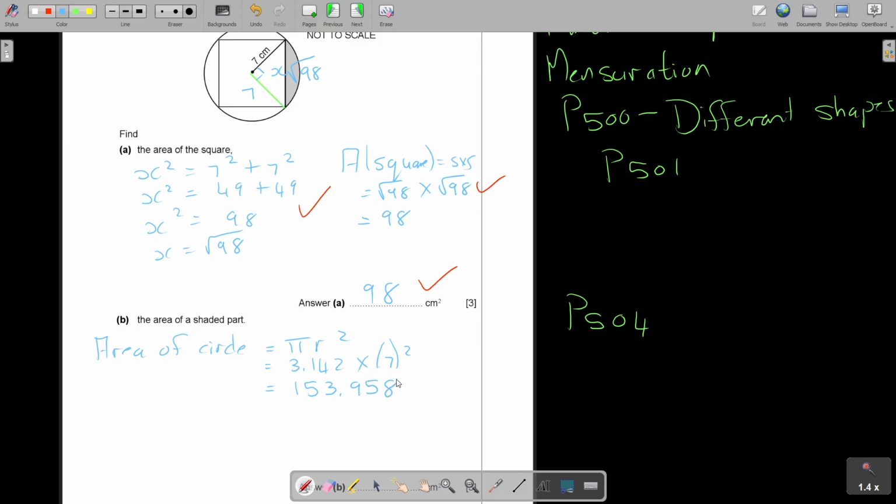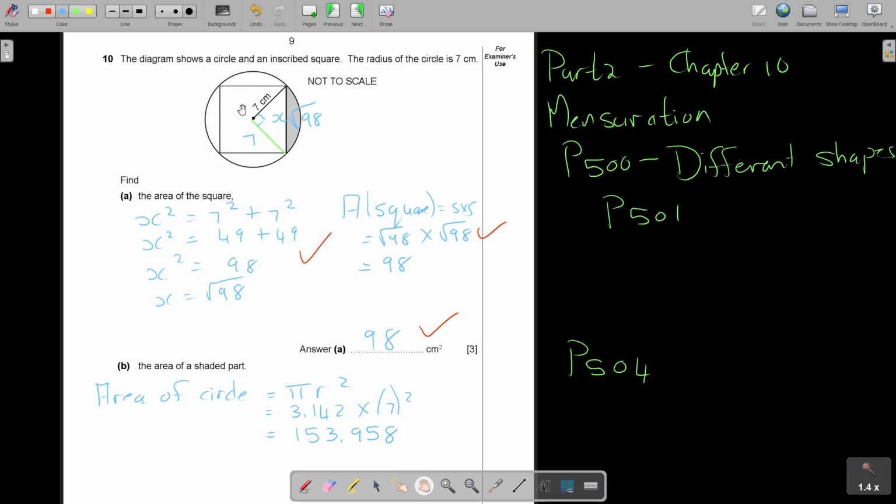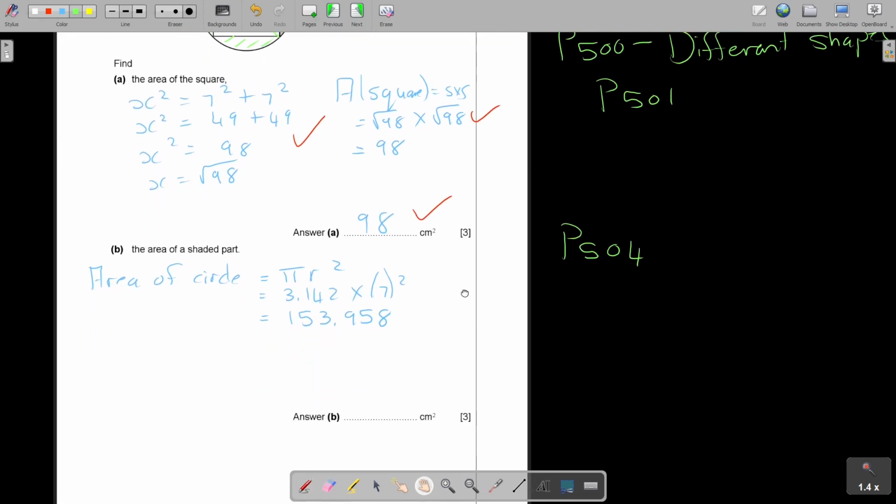Okay. And then the area of the shaded part. If you take the whole circle and you subtract this square, you will then end up with 4 parts. So the area of the shaded, but we just want 1.